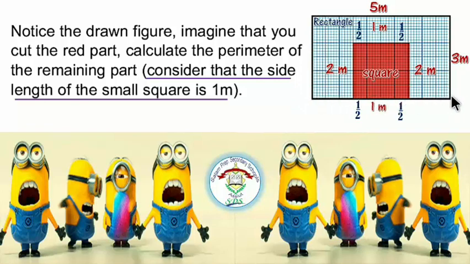This figure is a rectangle. Its length equals 1, 2, 3, 4, 5. The length is 5 meters. The width is 1, 2, 3 meters.